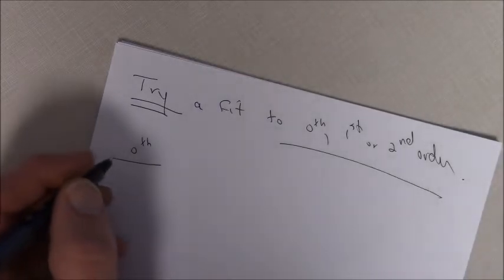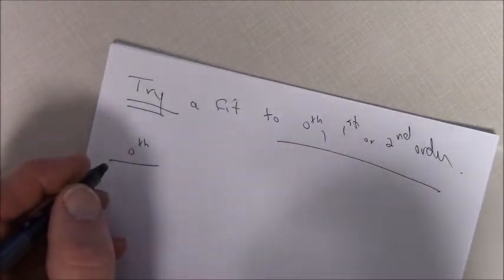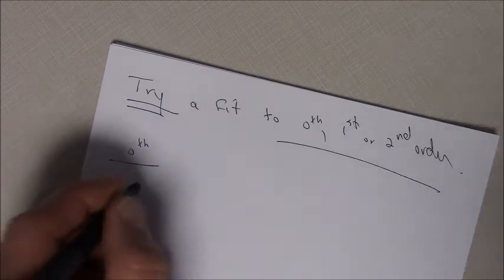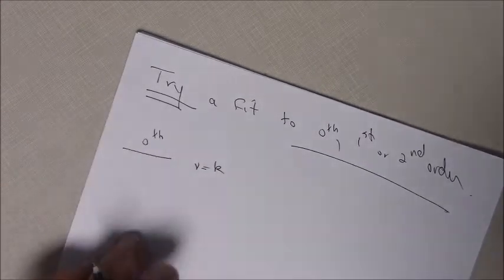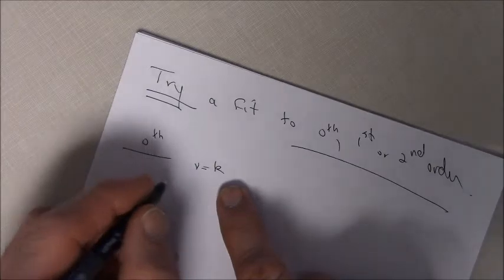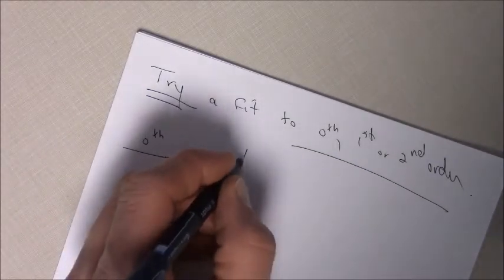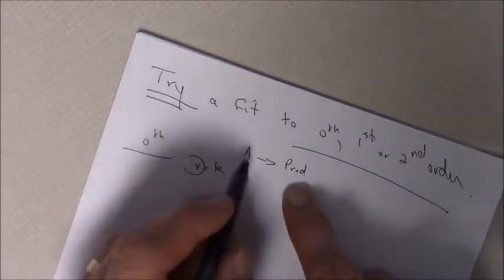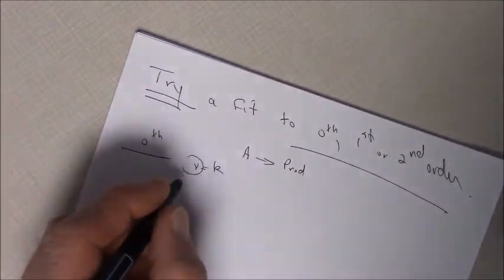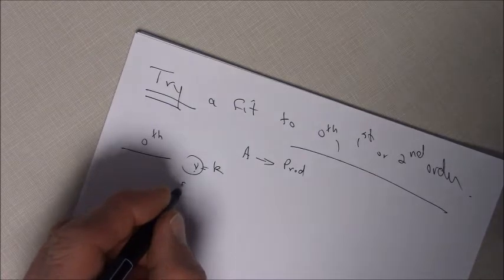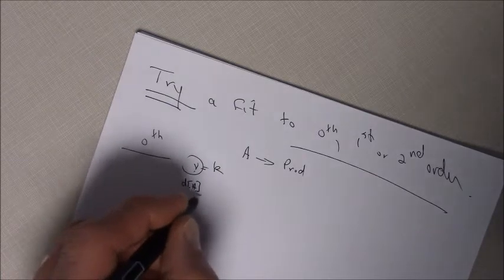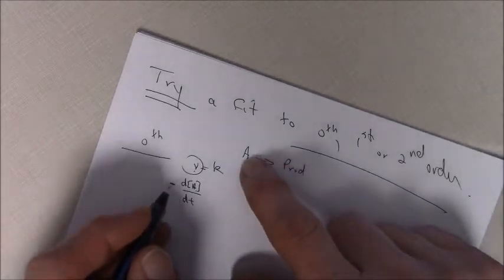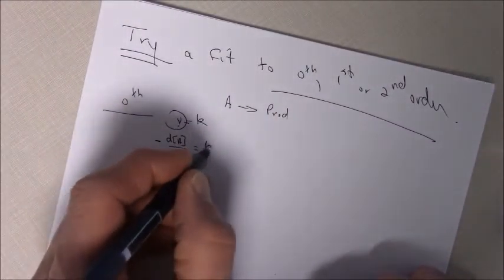If that reaction followed 0th order kinetics, the rate equals some constant. It's not dependent on the concentration. If you have something like A forming products, the rate is the change in A over dt, and it's negative because it's a starting material that's diminishing, a rate of consumption.